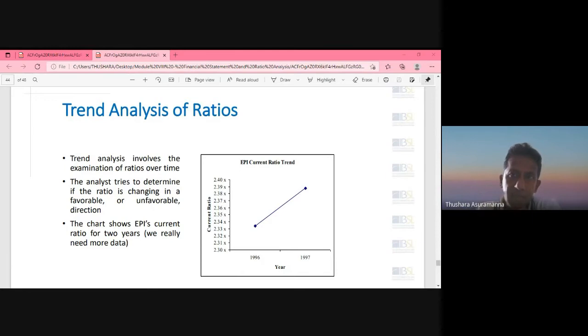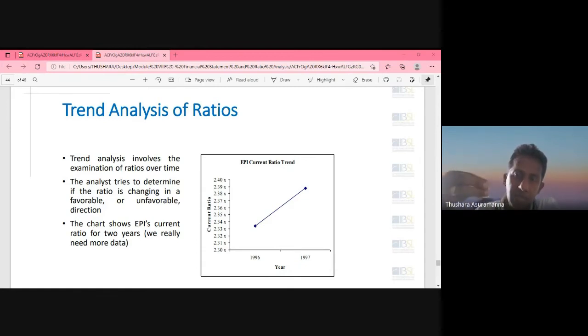If the trend is increasing, we can go back and look for the root cause. Why is the current ratio increasing? Because we have increased the sales turnover, or whether we have taken a decision as a company to hold more stocks in our stores? There may be changes in the policy. Then you can examine the reason for this.